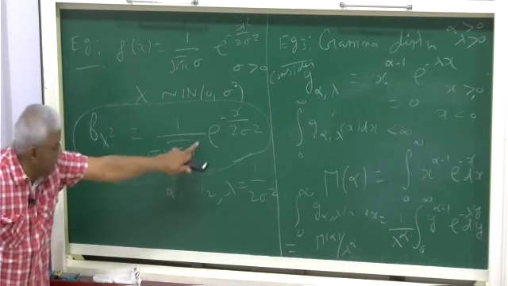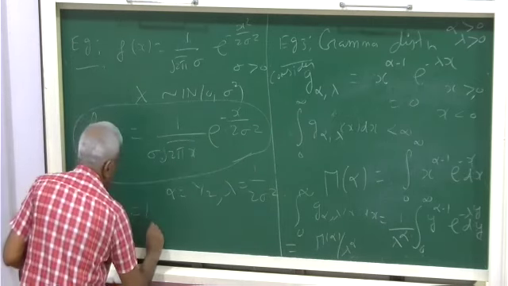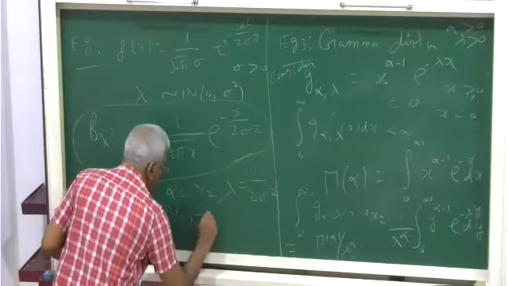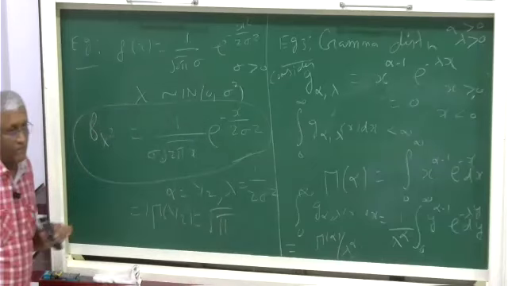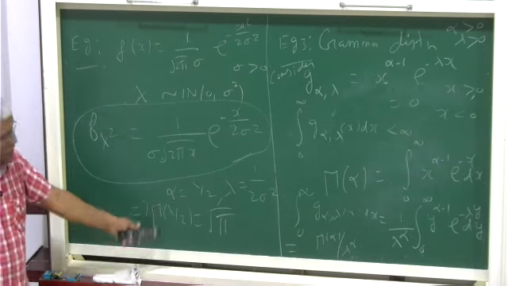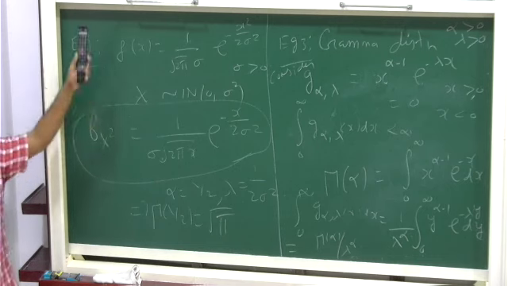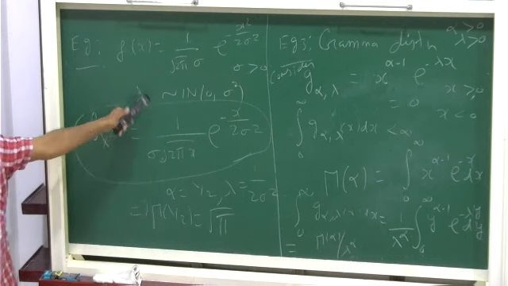What I said is x power minus half, so it should be half, correct? So this implies gamma of half is the square root of pi. If you want to compute it directly you can, but we have already done the computation for the normal random variable, and from that we got this.